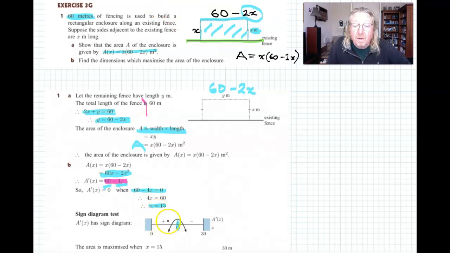That's what they've got. And I did mention that that factor came from this one here, that's an odd power, so there'll be a sign change, so it's negative there. But you can test it. Put in 20 for X, 60 minus 4 times 20 is 60 minus 80, which is negative. So that sign diagram gives us a local max at that point.